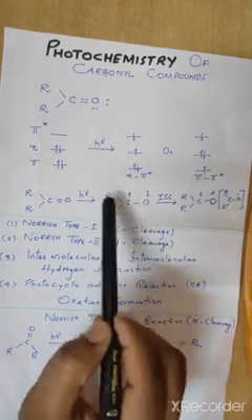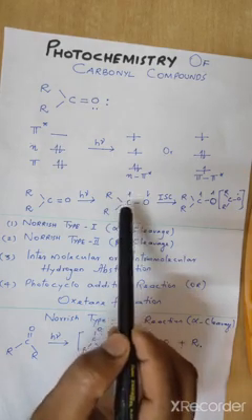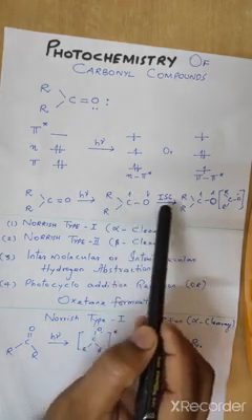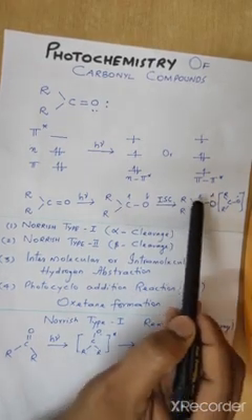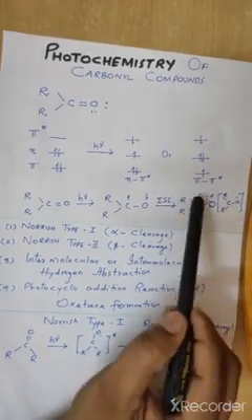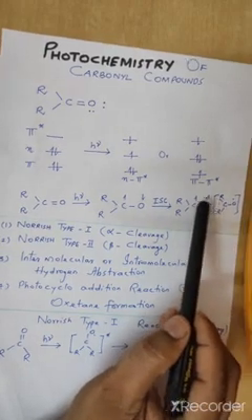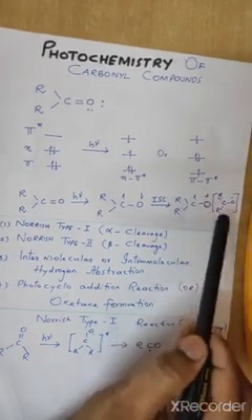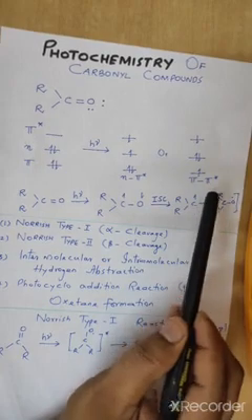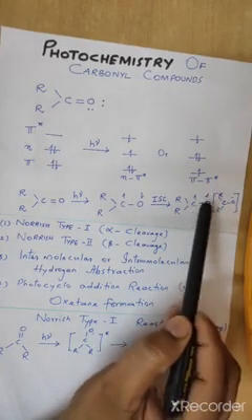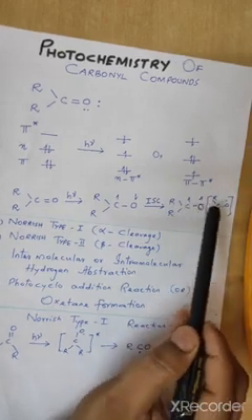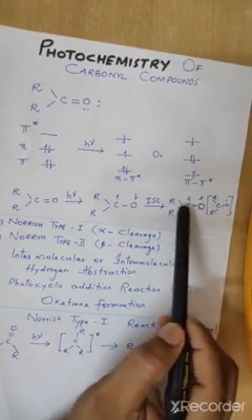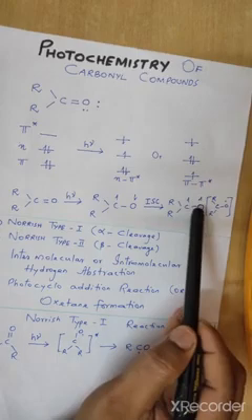This is the singlet state. It can undergo ISC, intersystem crossing. As a result of this, we get the triplet state. In this triplet state, carbon has one electron and oxygen has one electron. That means one unpaired electron each on carbon and oxygen. It will show an oxyradical.